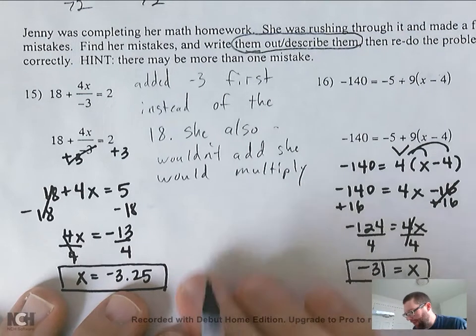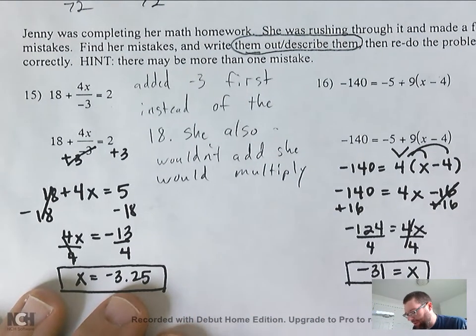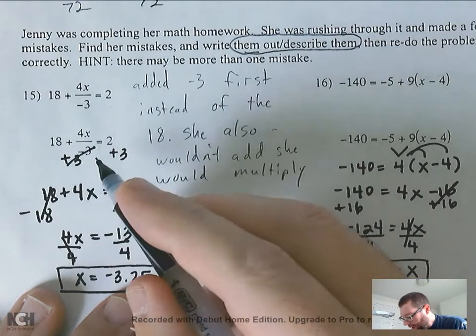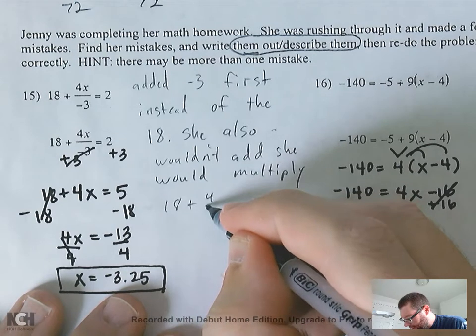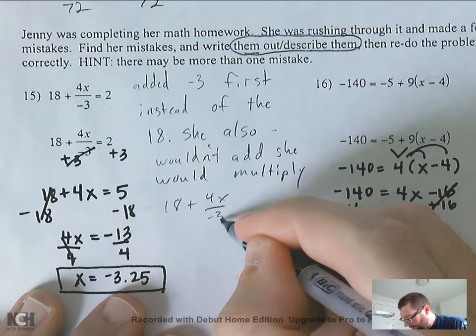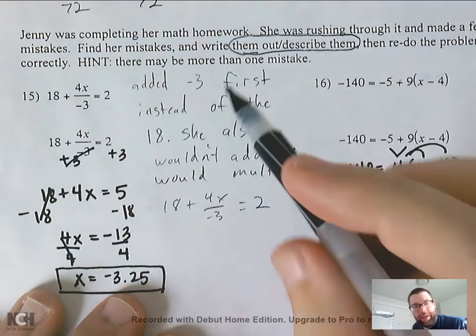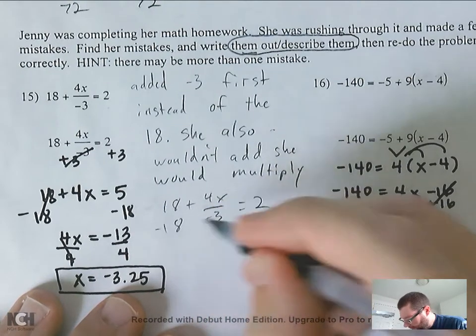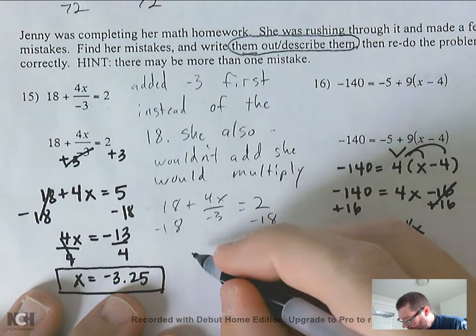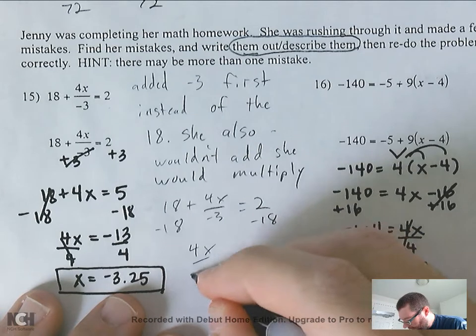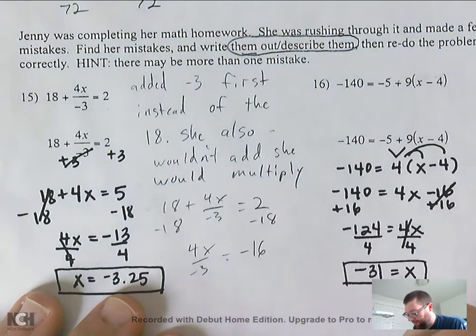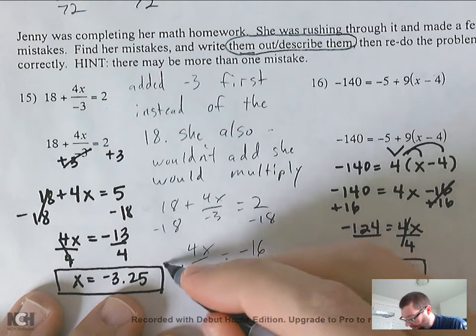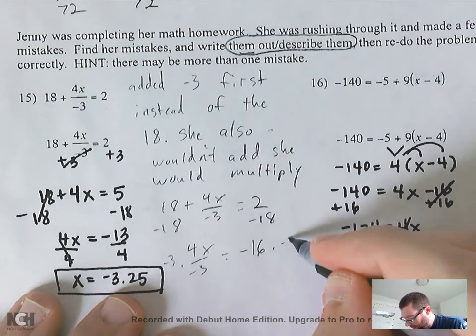Now, I know that kind of takes up some room, but we still need to show our work and solve it correctly, right? So what we're going to do is we're just going to write it real quick here. So 18 plus 4x over -3 equals 2. And then we would minus 18 first, which would give me 4x over -3 equals -16. Then I would times by -3 to each side.